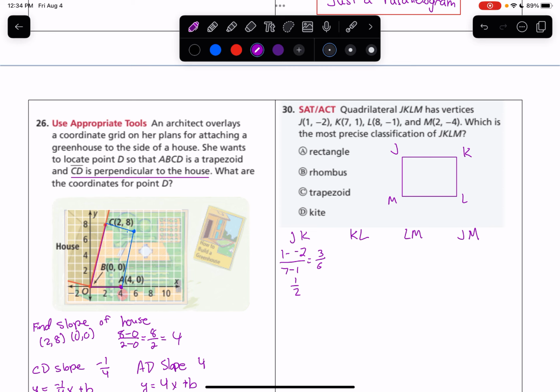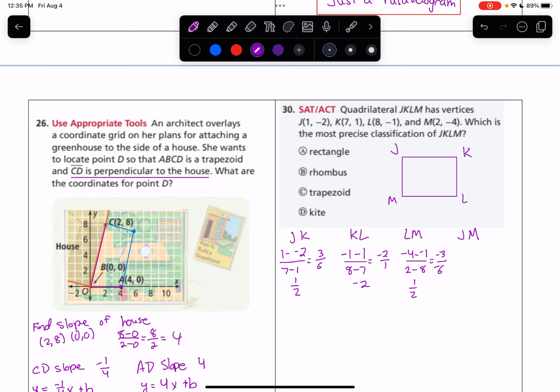KL is going to be negative 1 minus 1 over 8 minus 7, which is going to give us negative 2 over 1, or a slope of negative 2. LM is going to be negative 4 minus negative 1 over 2 minus 8, and that is going to give us negative 3 over negative 6, which will give us 1/2.